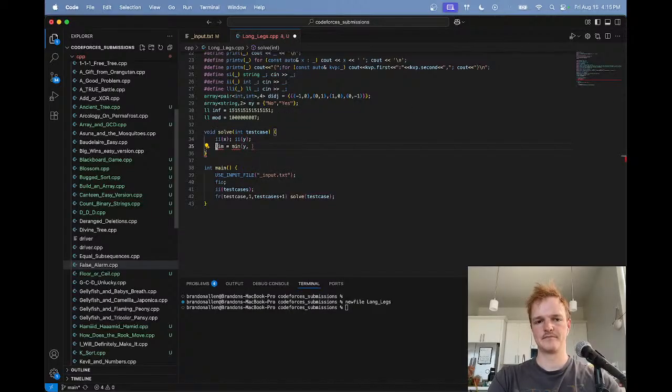It's going to be the minimum of y and square root of y plus 1000.